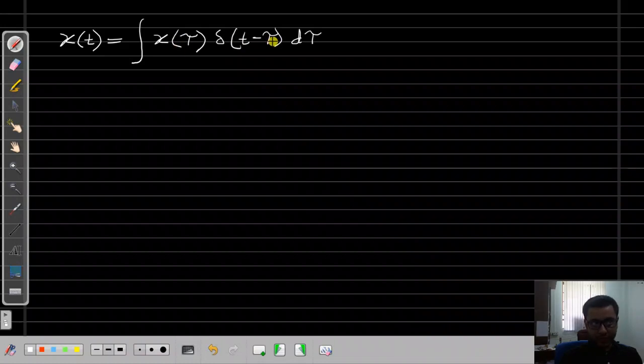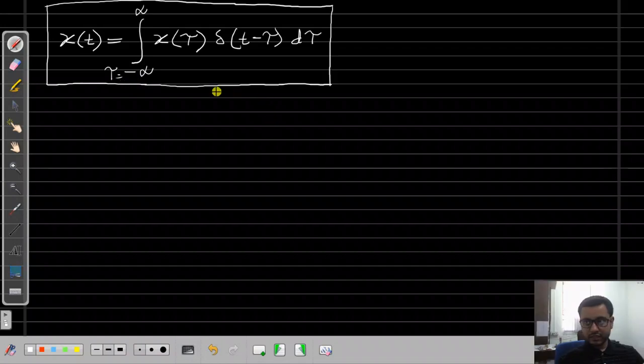Tau is a dummy variable which runs from minus infinity to plus infinity, and when you carry out this integration, tau will vanish and it will be a function of t only. So this is a very important result. There is a simpler way of proving this formula quickly and mathematically that I shall show you.